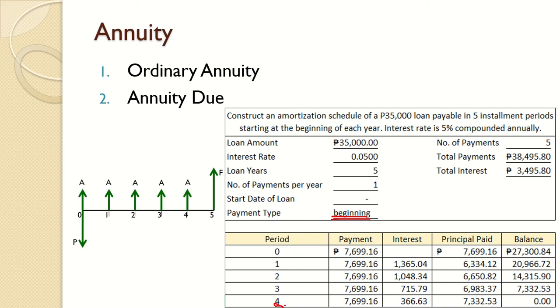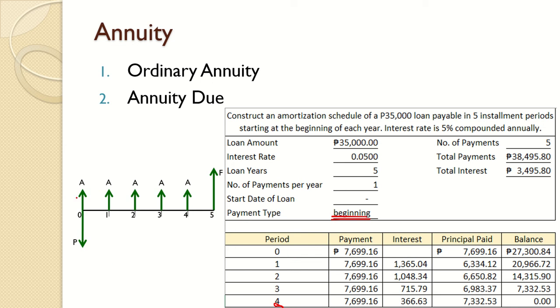So in the 5th year, you have a zero balance, because you already paid. You have no balance at the end of the 5th year. That is why you pay at the beginning of each period. Now, if you take a look at this, there is no interest yet because the period here is still at the beginning.